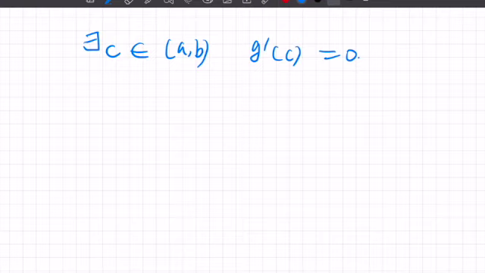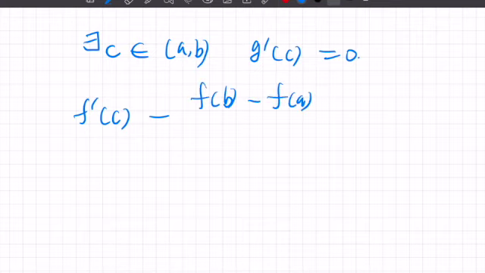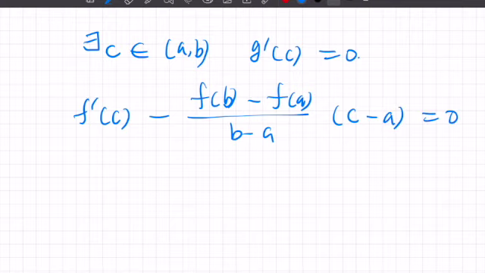So this means if we differentiate g, we have f prime of c minus (f of b minus f of a over b minus a) equals 0.